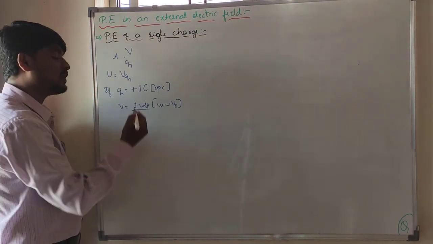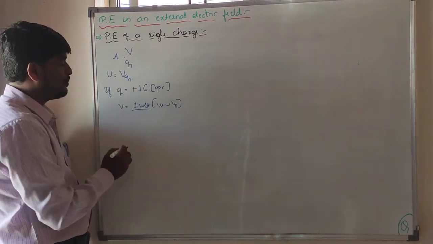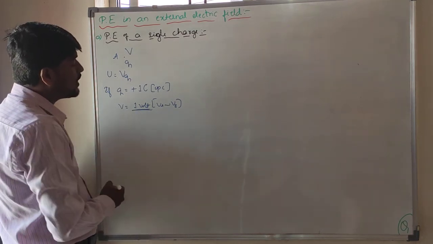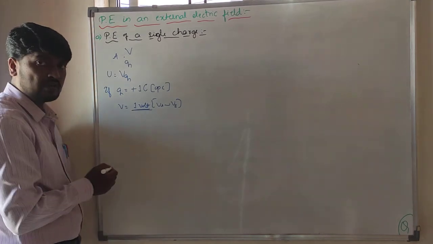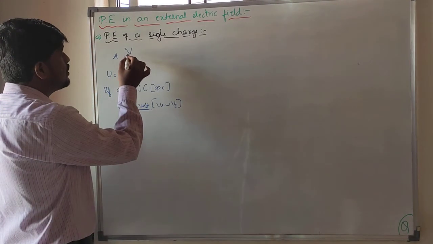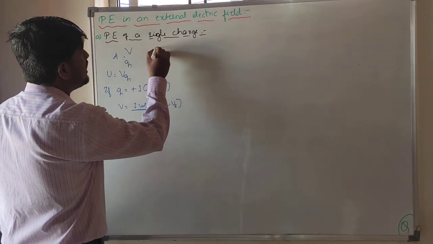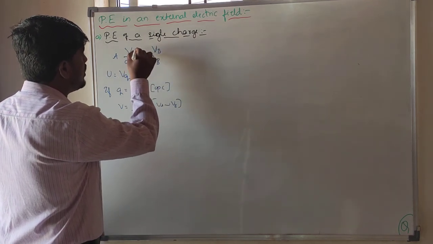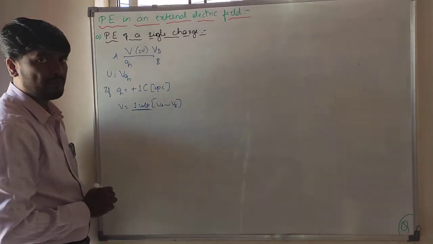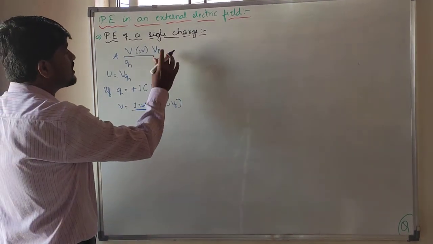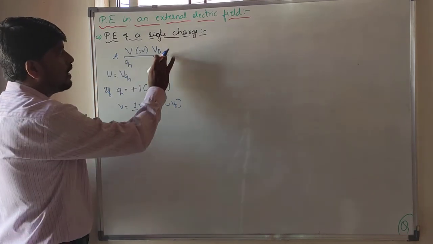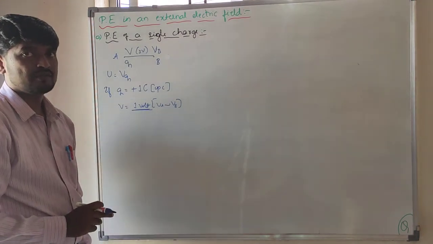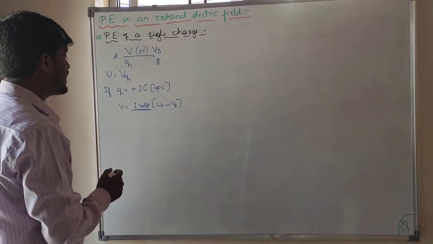If I consider two points, point A here and point B here, having potential VB, and the difference between these two is 1 volt. Then if I bring the charge Q from A to B, or accelerate the charge Q from A to B, what happens? Work is done. How much work is done? Look at this now.